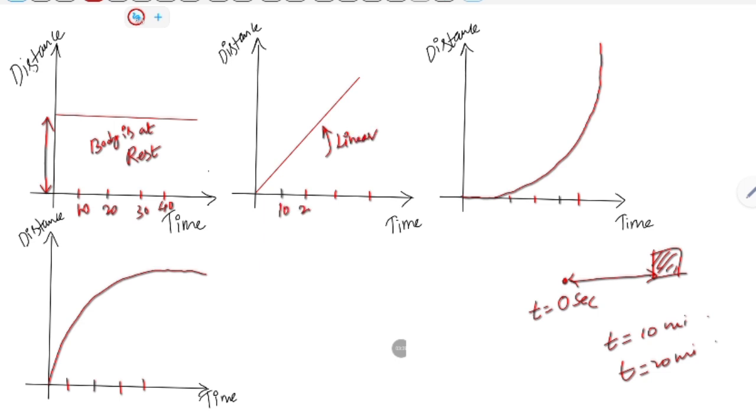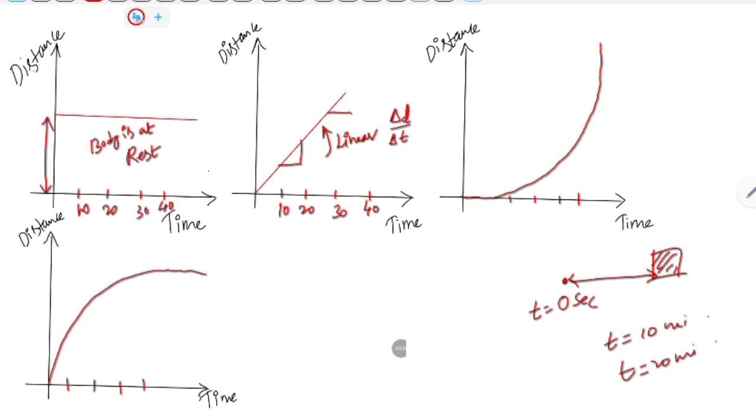That linear relation says that it is covering equal distances in equal intervals of time, because if you find the slope of this line anywhere, you can see that the slope is the same. In a distance time graph, slope is nothing but change in distance by change in time, or distance by time.